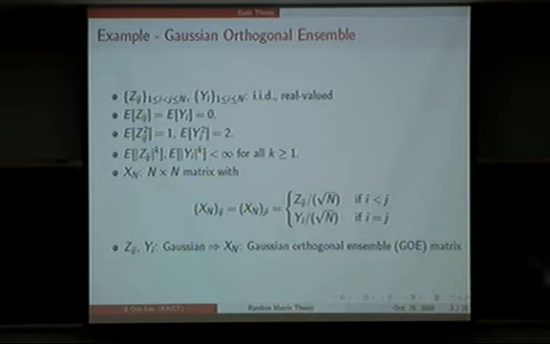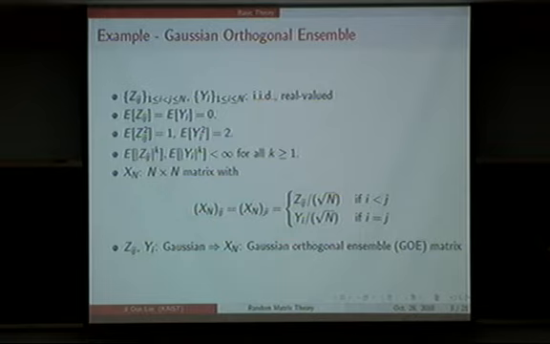Actually, these two are just kind of technical conditions. The most important one is the mean zero. And we consider an n by n matrix, and n will go to infinity. The ijth element is the same as the jith element, so this is symmetric. Moreover, we're going to normalize by dividing by the square root of n.